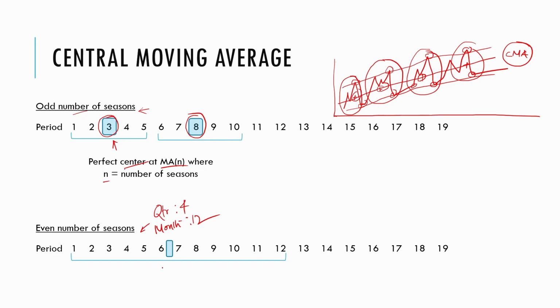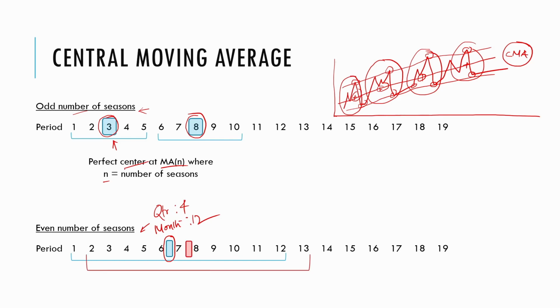If you take the average of 12 months, then your average will fall somewhere between 6 and 7, at exactly 6.5. That is not 6 and not 7. So how will you identify the average? It cannot be 6.5. It should be either 6 or 7. But if you do the average, it comes to 6.5.